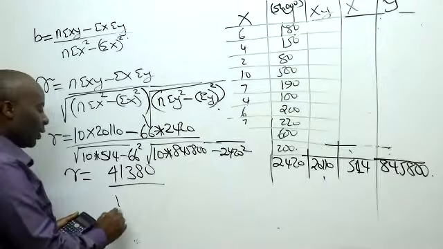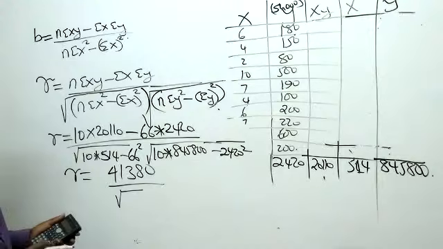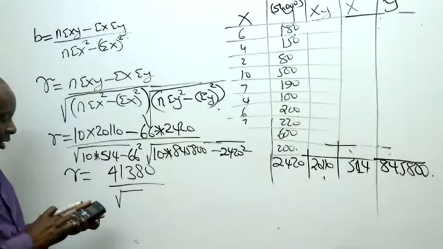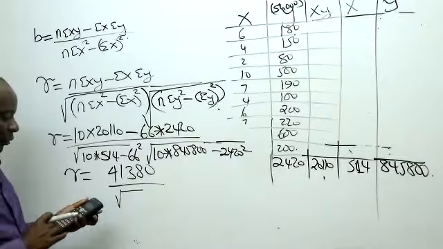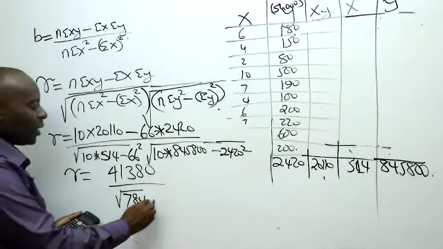From there, come to these square roots. We call them sides. So we have 10 times 514 minus 66 squared. What figure am I able to get here? 784. And then we have the other one.